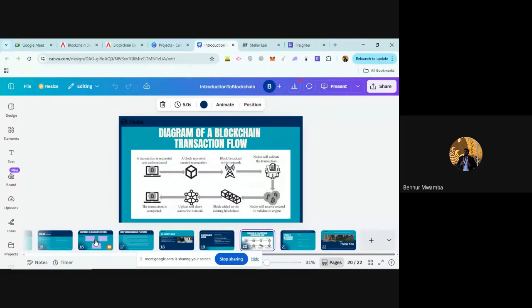So tomorrow we're going to cover wallets, how they work, how private key and public key work. I'm also going to create a wallet with you guys and do a few transactions, and I'm also going to take questions from you regarding the slides.